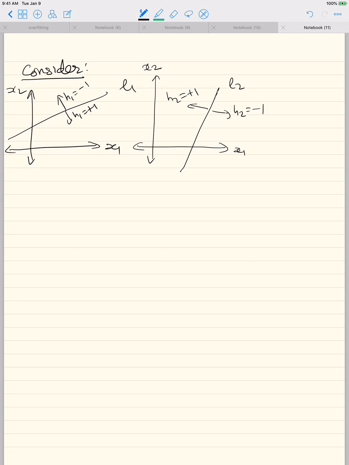And third line is L3. And when we implement this line, H3, now the choice of where H3 is positive and where it is negative is not critical. You can define any one side to have plus and the other side to have minus. That won't change anything. We just arbitrarily select it in this particular fashion.